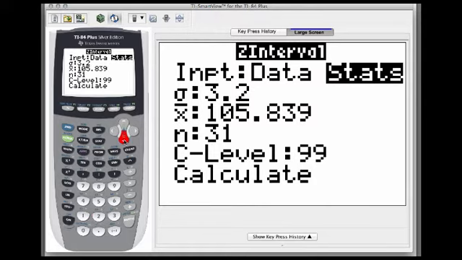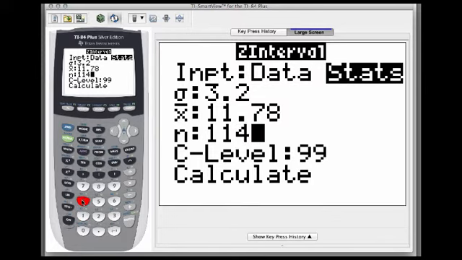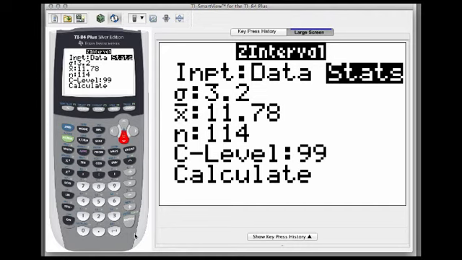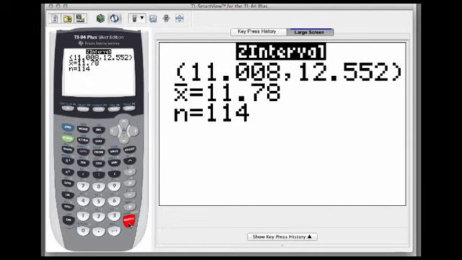X bar, that's our 11.78. And N was 114. Confidence level was 99%, so we can leave that like it is. And there it is.